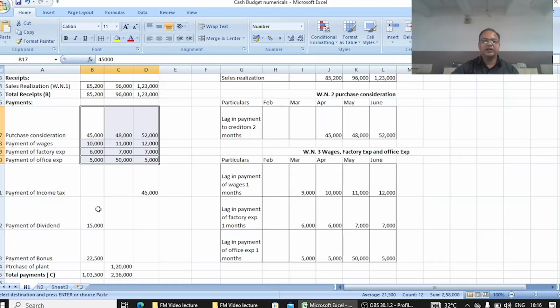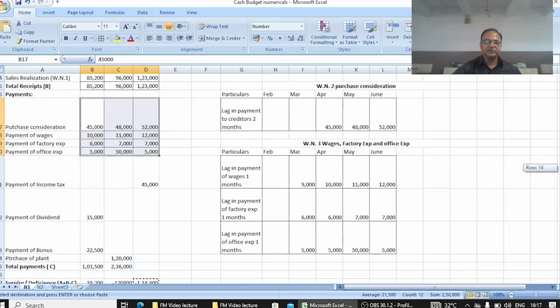So all are the heads of different expenses. After adding all expenses on one end, we could get the amount of payments.